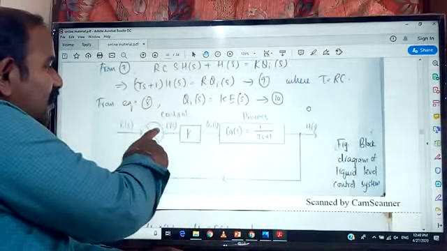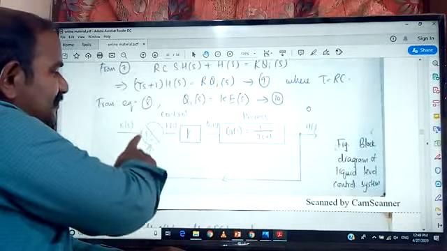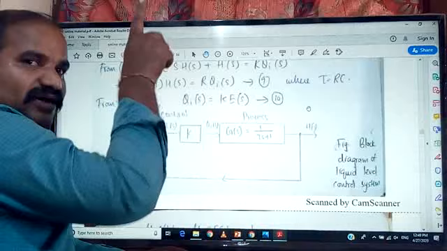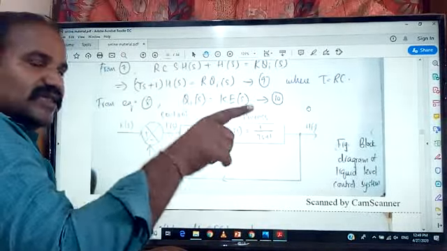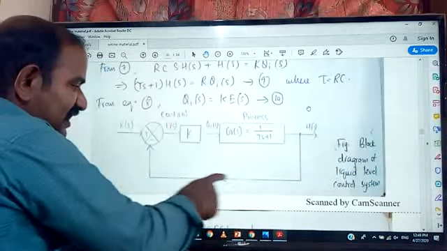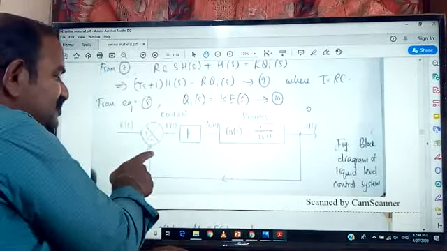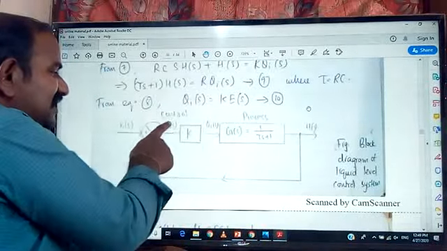Here, this block is representing the controller block. What is the use of the controller block in the setup diagram? It is always measuring the present head of the liquid within the tank and comparing that with the reference level. Whenever there is a change, that change is indicated as an error signal.